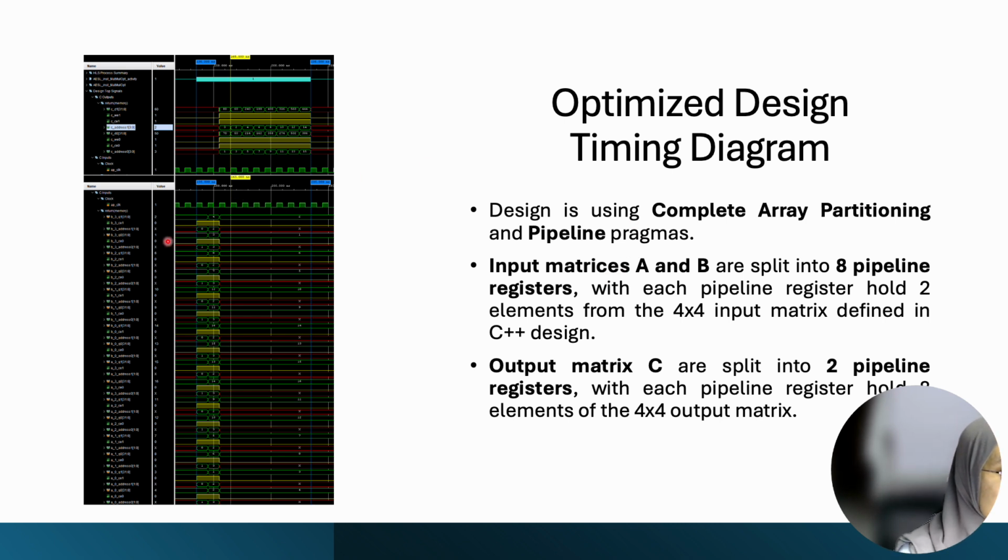It's a bit small here, but as you can see, up here is the output, which is the matrix C, and down here is the matrix A and B. In my optimized design, I'm using complete array partitioning and a pipeline pragma. With complete array partitioning, I can see that the input matrices A and B are split into 8 pipeline registers, and each pipeline register holds 2 elements from the 4x4 input matrix.